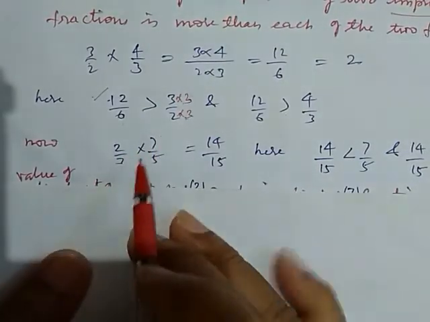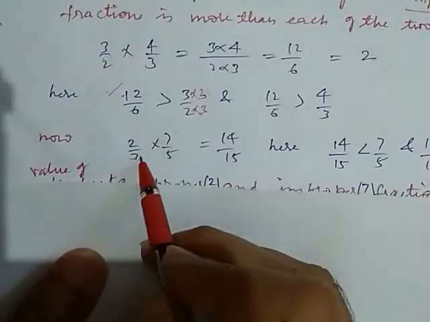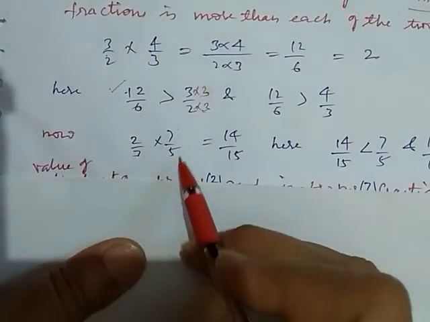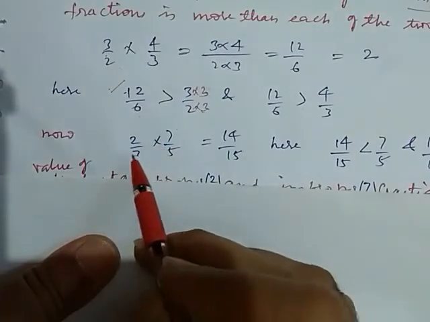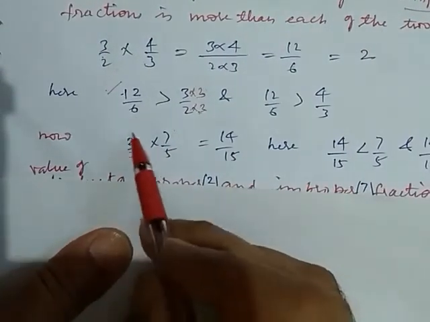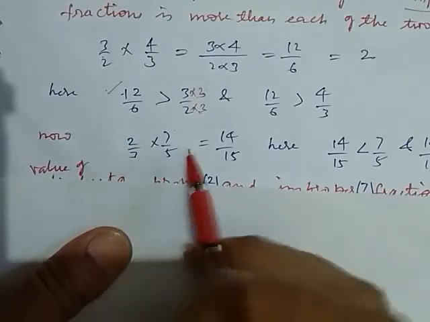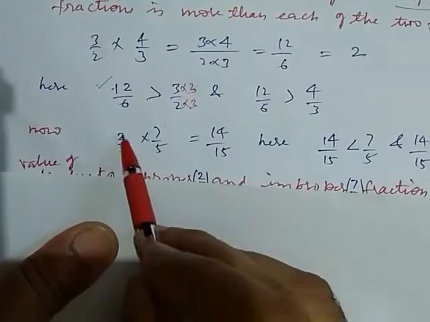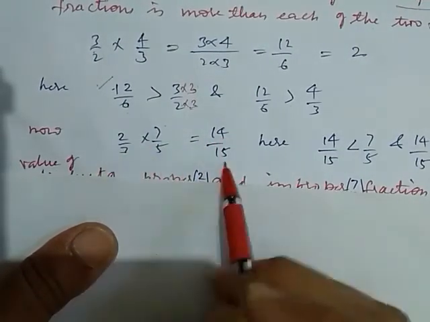Now we take one proper fraction and one improper fraction and we take the product. So what do we get? 2 by 3 is a proper fraction, 7 by 5 is an improper fraction. We multiply both of them. 2 into 7 is 14, 3 into 5 is 15.